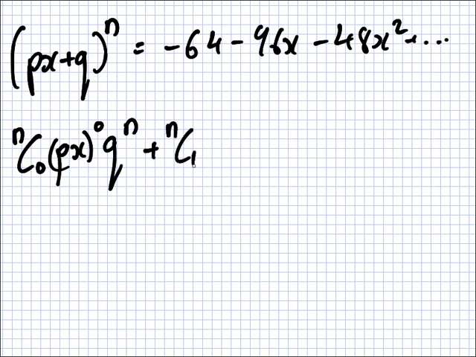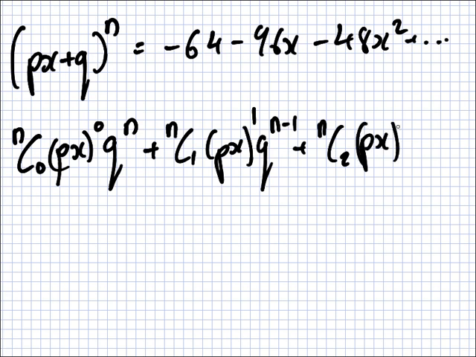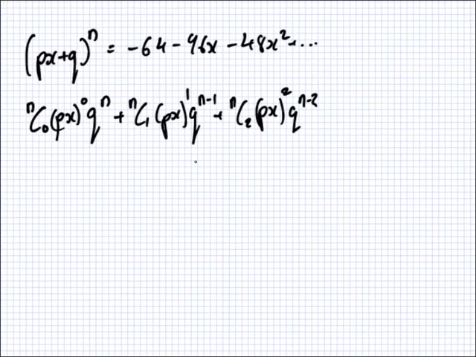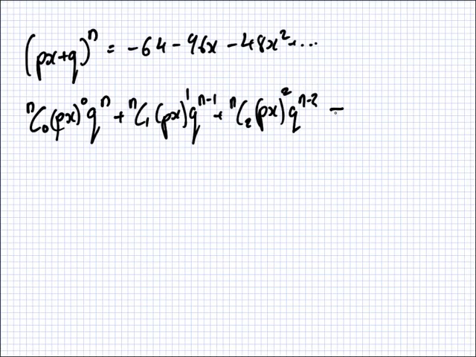Plus nC1, (px) to the 1, q to the n minus 1. Plus nC2, (px) squared, q to the n minus 2. And that should equal minus 64 minus 96x minus 48x squared.